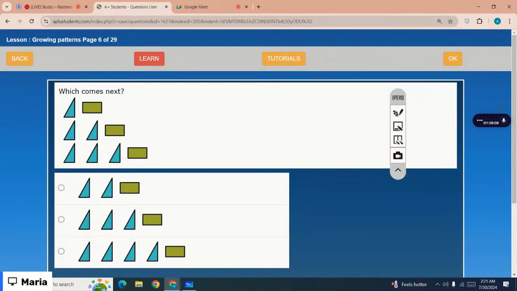Which is the correct option? The correct option is option number, yes, 3 is the correct option.